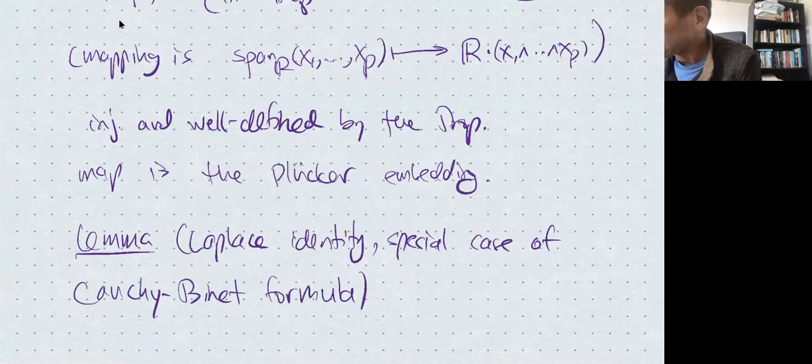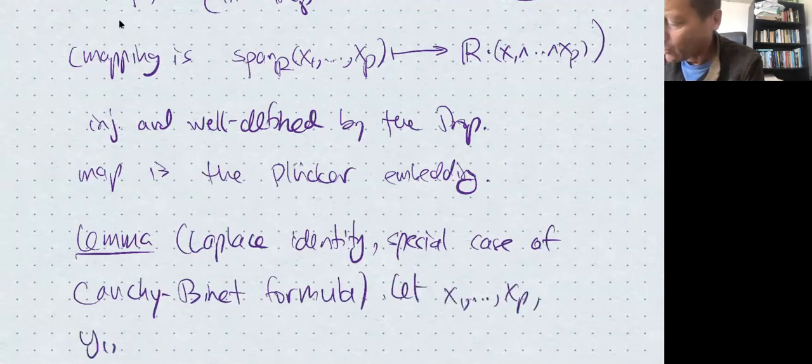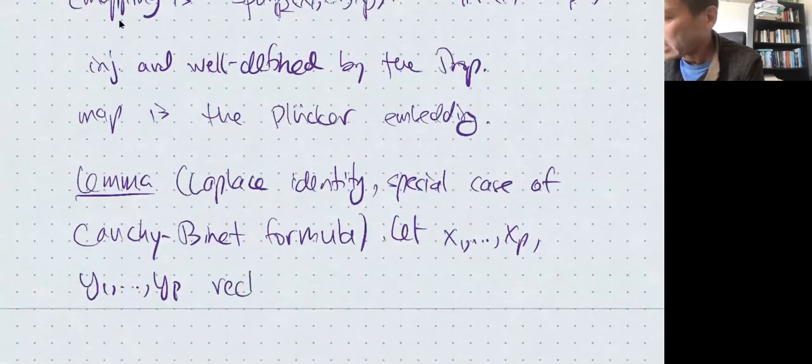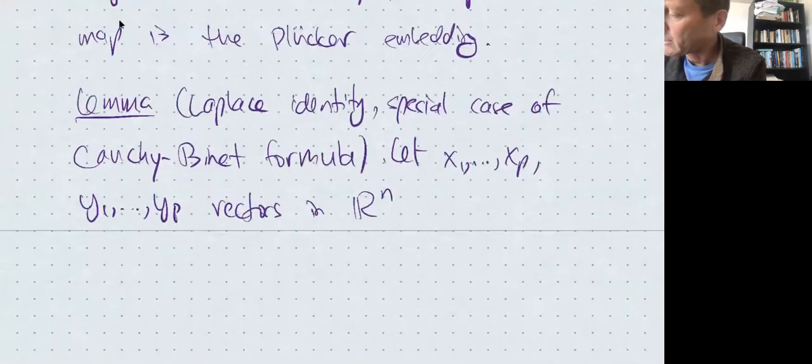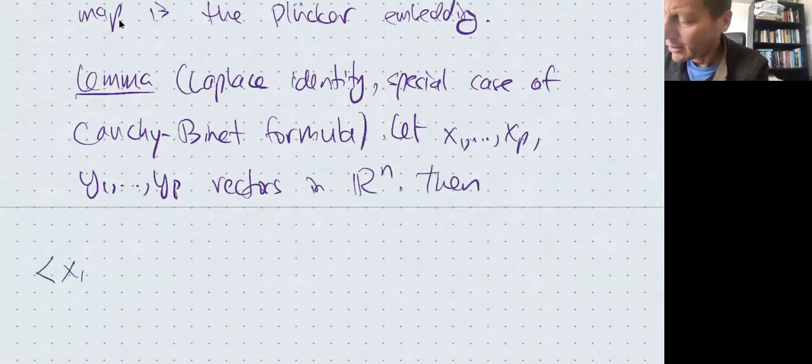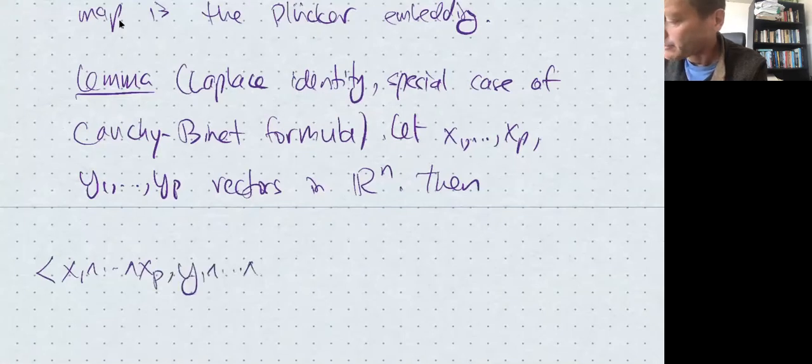Suppose we have two p-tuples, x1 to xp, y1 to yp, vectors in Rn, and we want to understand the inner product between the corresponding p vectors.